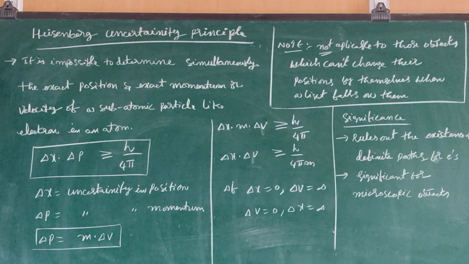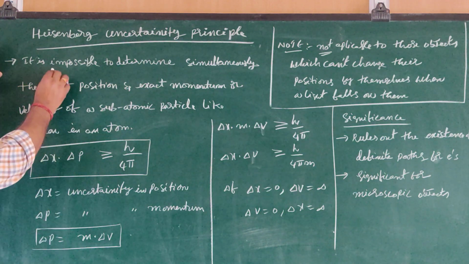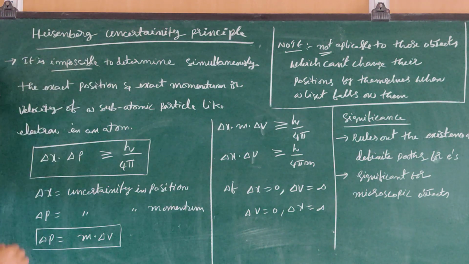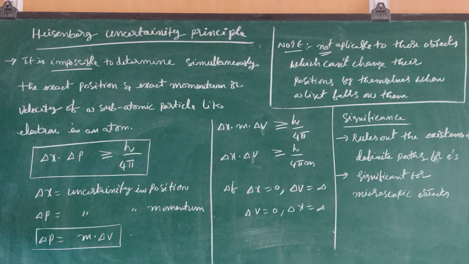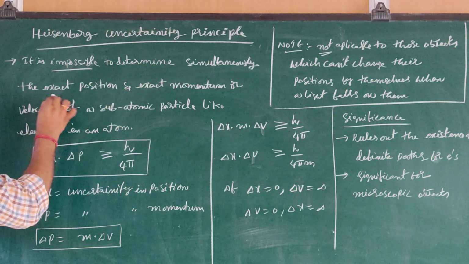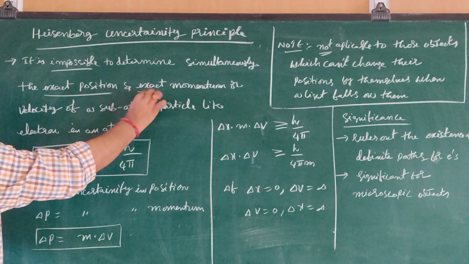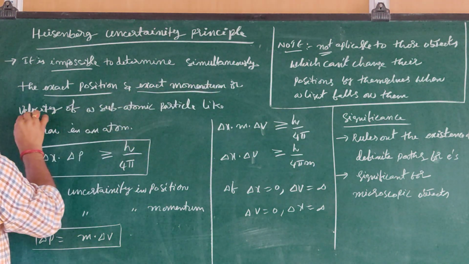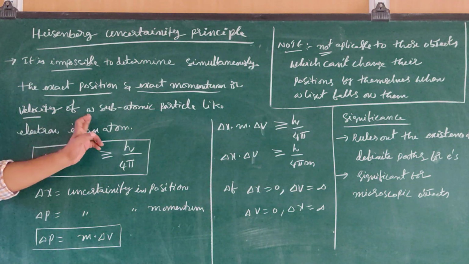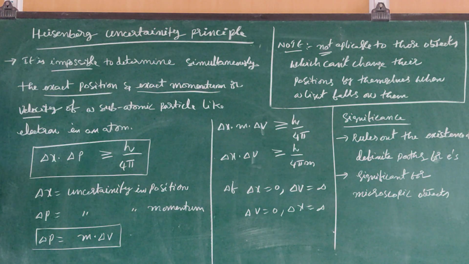The statement of Heisenberg is: it is impossible to determine simultaneously the exact position and the exact momentum or velocity of a subatomic particle like electron in an atom.